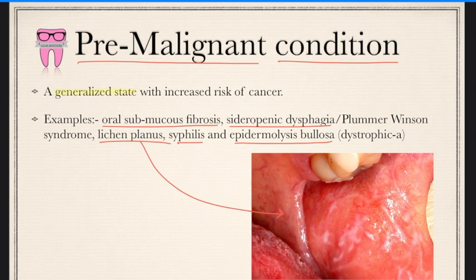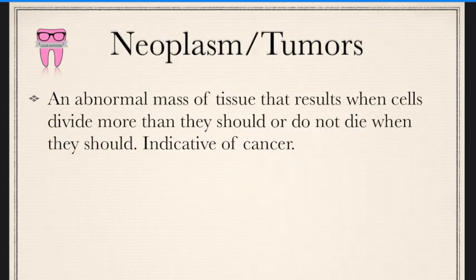Moving on to the next term, we have neoplasm or tumors. It is an abnormal mass of tissue that results when cells divide more. This is very important. Neoplasm occurs when cells divide more than they should, or they do not die when they should, and it's indicative of cancer.